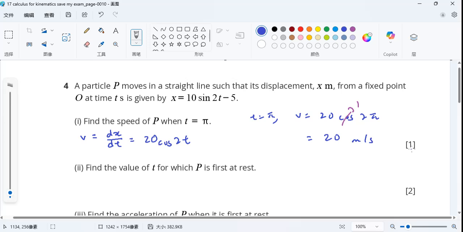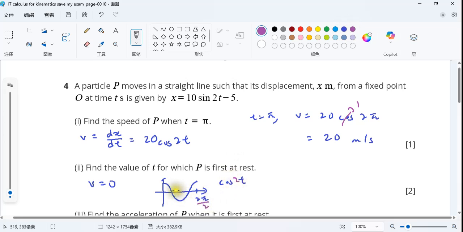Find the value of t which P is first at rest. So at rest, velocity equal to 0. So the graph for cos is like this. Okay, so this is cos t. Then we have 2 pi here. But we have cos 2t.